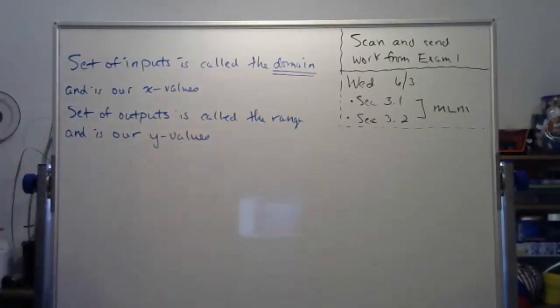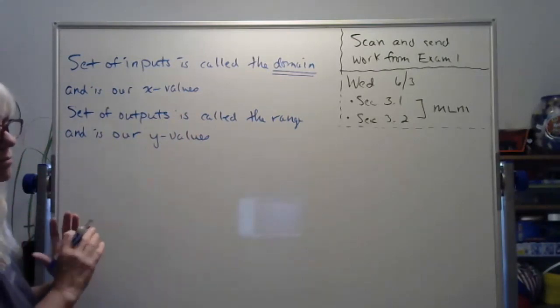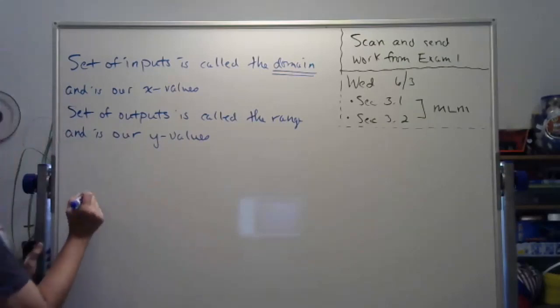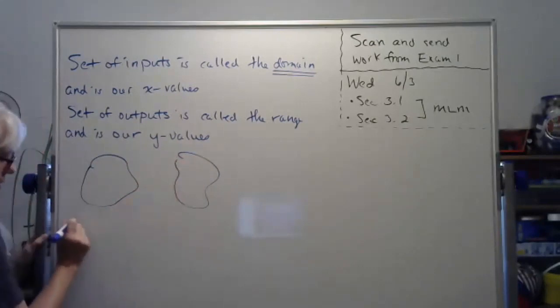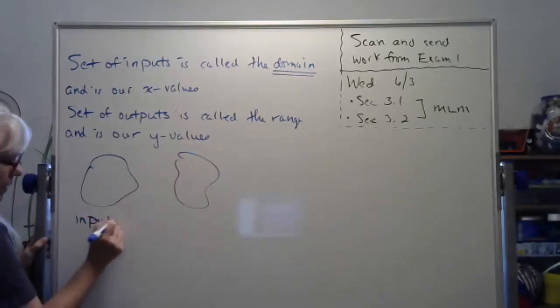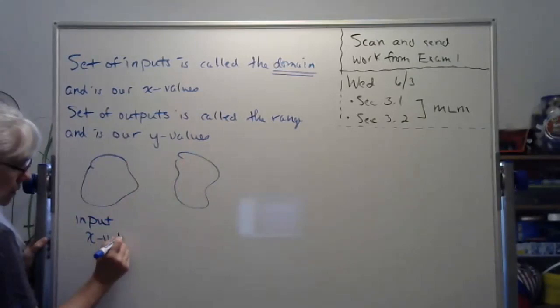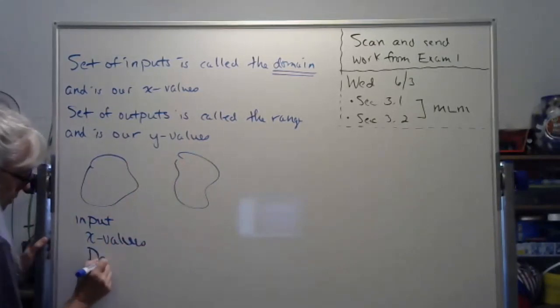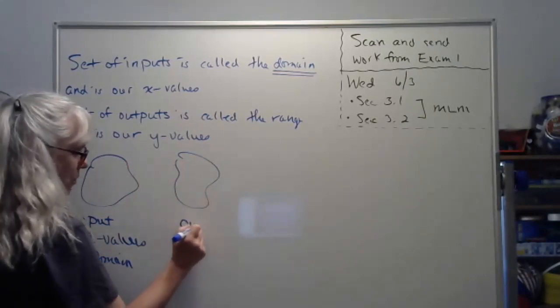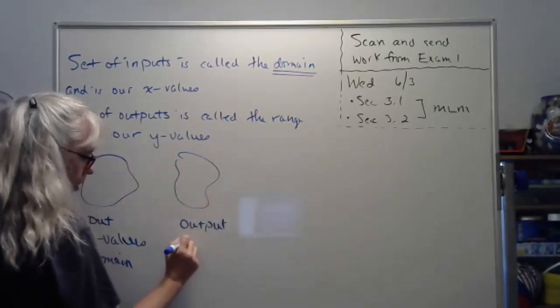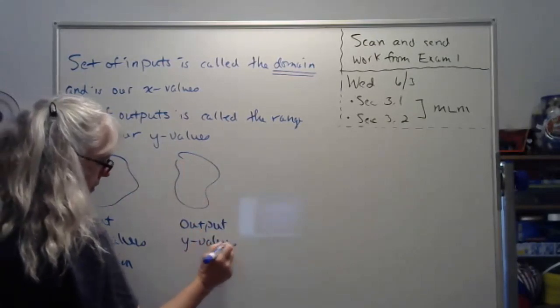Yep, that's exactly it. So to make sure the idea of one input and one output makes sense in your brain, what we do is we call function pictures more than anything else. So what we're going to do is just draw some weird looking circles. And we're going to let the first circle be our set of inputs. And again, this would be the x values, also known as the domain. And the second blob is going to be our output, which is our y values, which is our range.